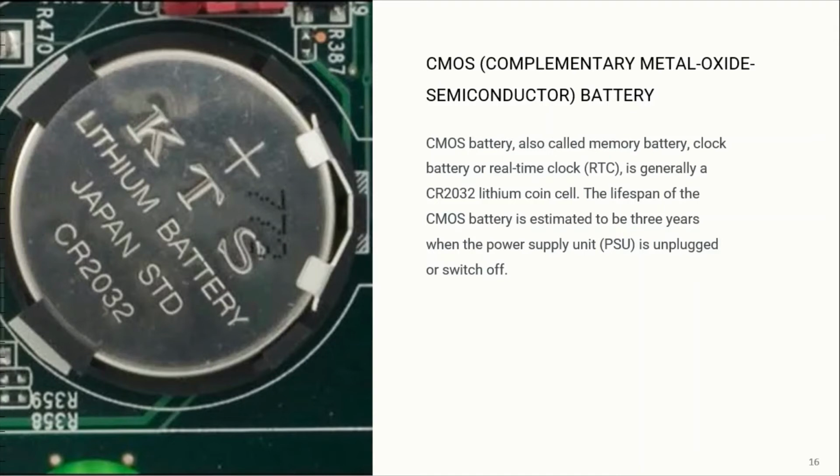The CMOS battery, also called memory battery, clock battery, or real-time clock (RTC), is generally a CR2032 lithium coin cell. The lifespan of the CMOS battery is estimated to be 3 years. The power supply unit, PSU, is unplugged or switched off.